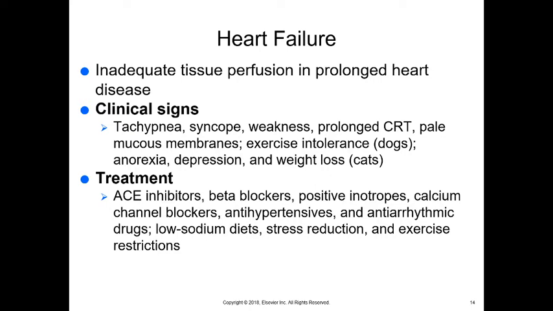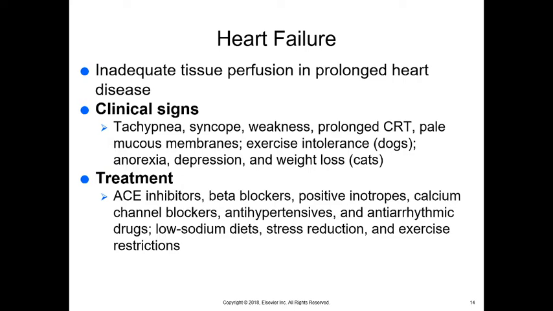A lot of people confuse seizures with syncope. Syncope is just fainting, whereas seizures are fainting with increased neurologic activity. So they'll be paddling. They may lose control of their bladder and rectum, have feces, they may froth at the mouth. It's a little bit more active than fainting.